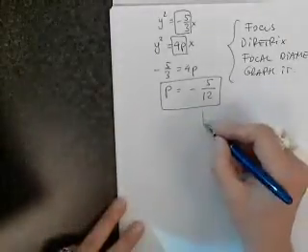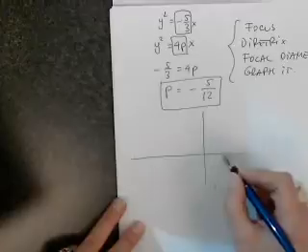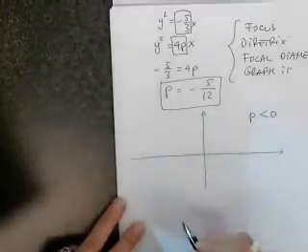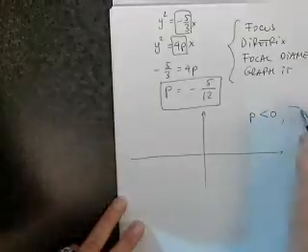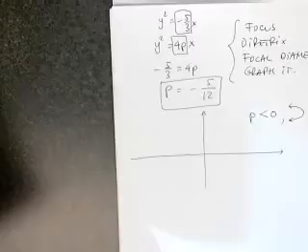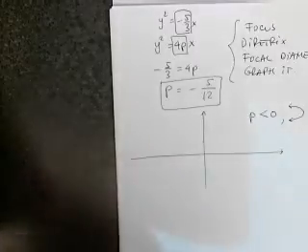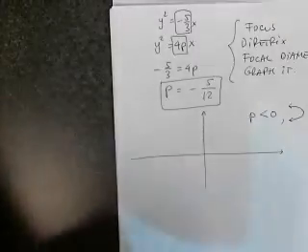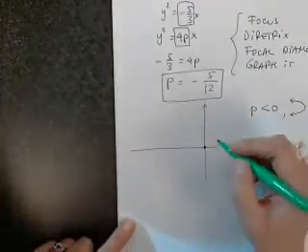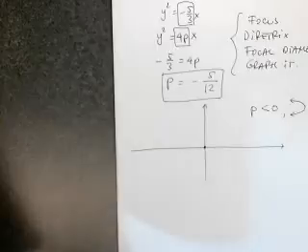Good. When p is a number less than 0, the parabola will open to the left. Good. So I know that the parabola passes through the origin. What is negative 5 divided by 12?